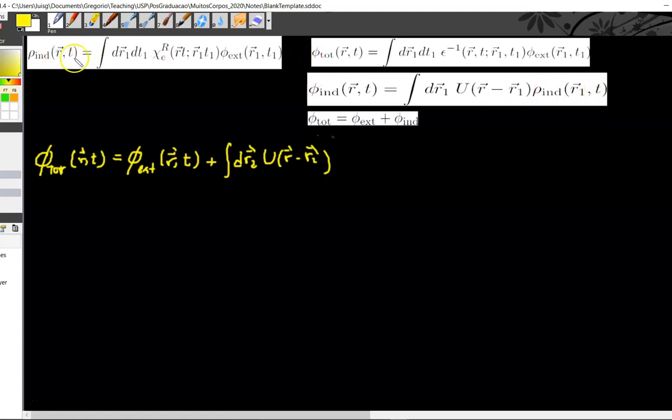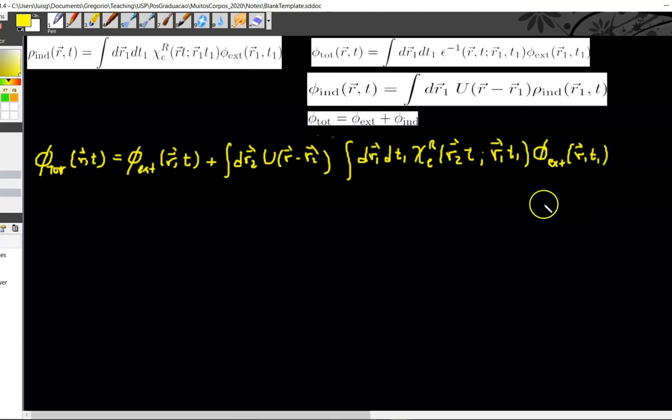So there's going to be another integral, dr1 dt1, chi at r2, but still at time t, right? The time remains the same. r1 t1, times the external potential at r1 t1.